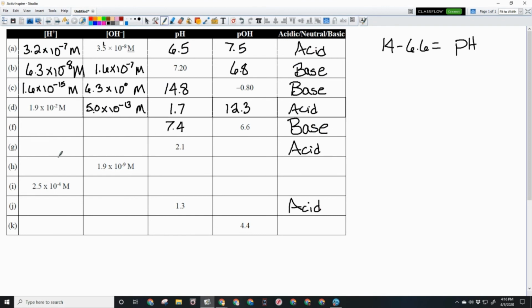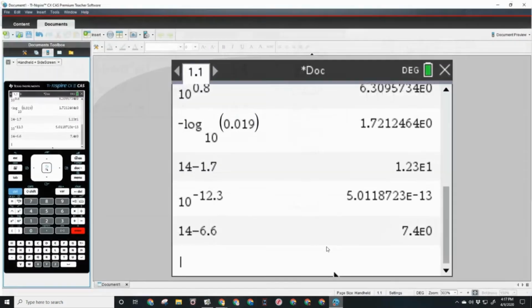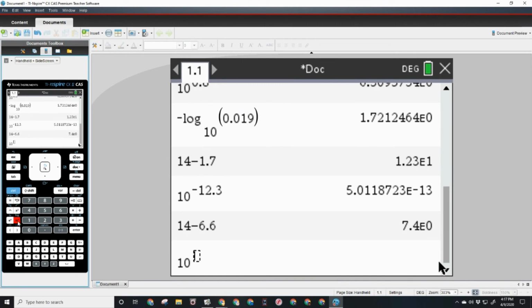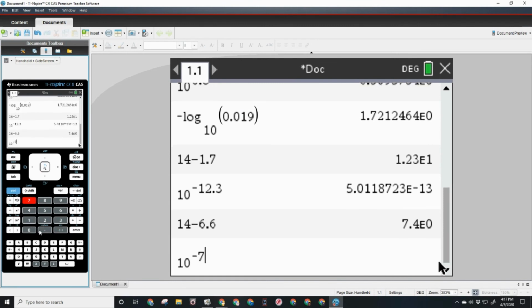Okay, so now we need to calculate these concentrations. So the hydrogen ion concentration is 10 to the negative pH. Same thing with the OH, only we're going to use pOH instead of pH. So this is 10 to the negative 7.4.